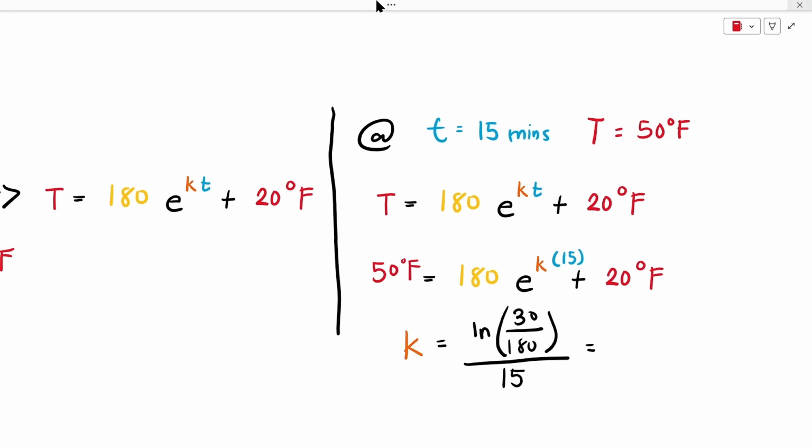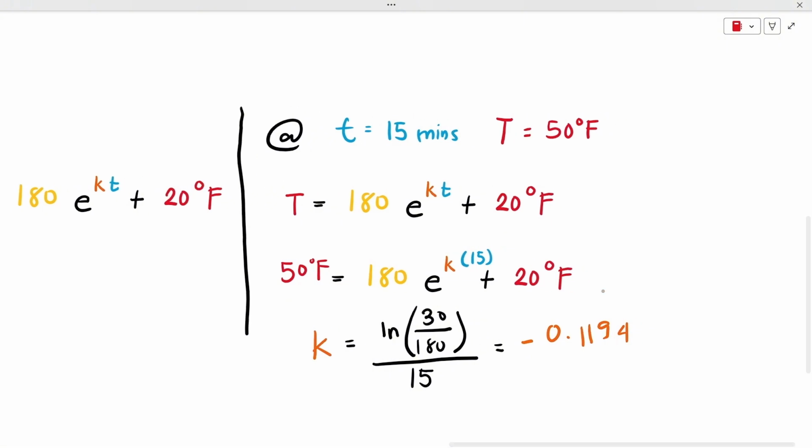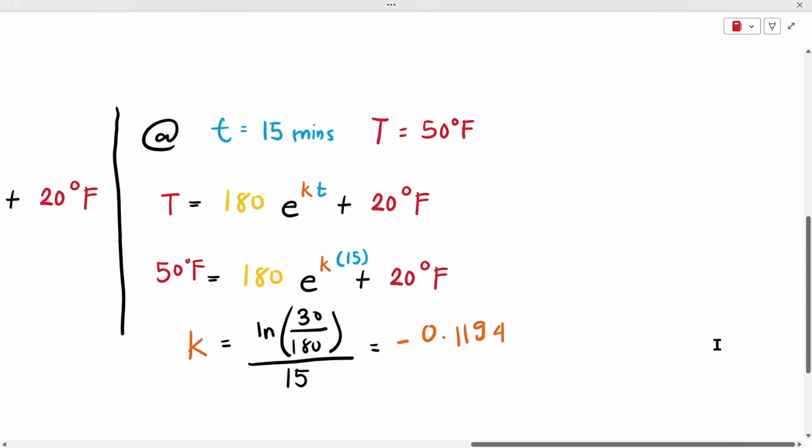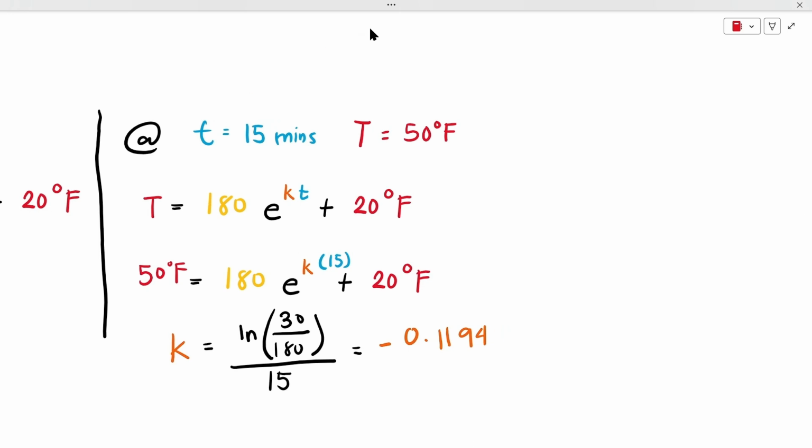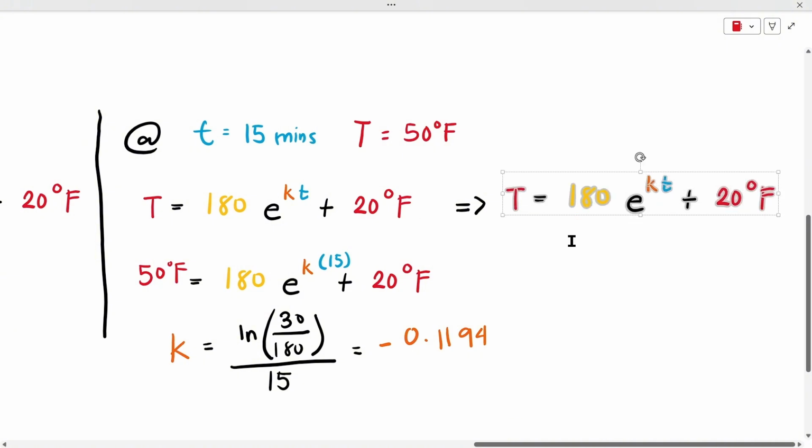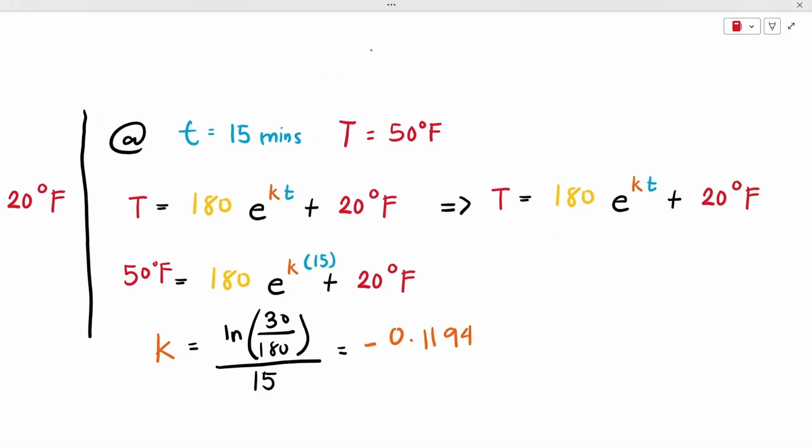The answer is negative 0.1194. Next, our new equation here will be this one. Let's just substitute the value of K.